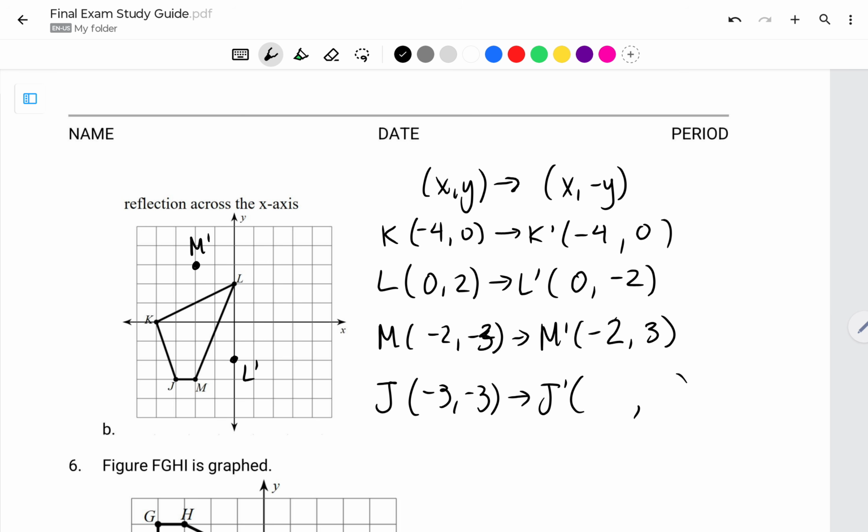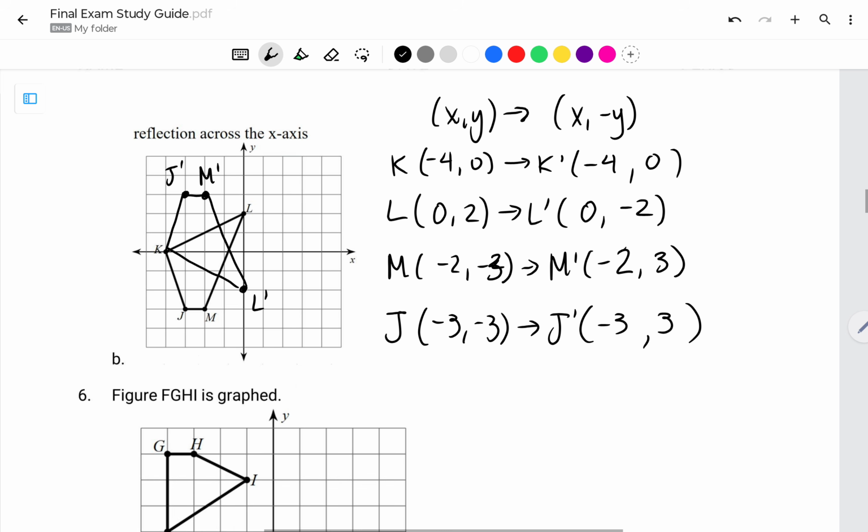So J prime, x stays the same, y turns positive, negative 3, positive 3. So when I connect my dots, it kind of overlaps, but that's okay. That should be my reflection across the x-axis.